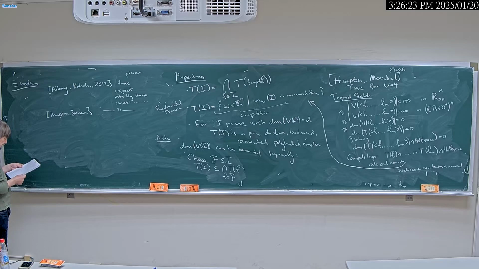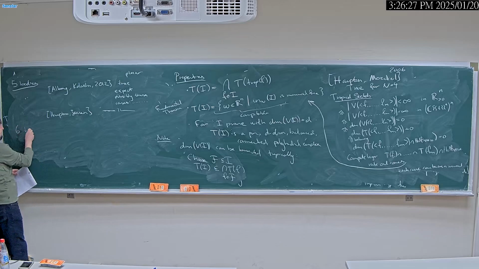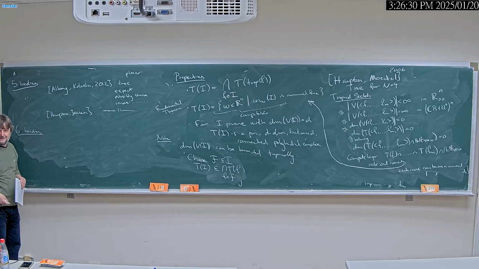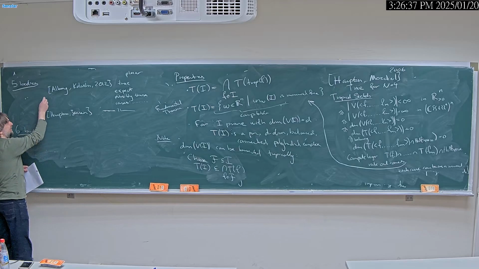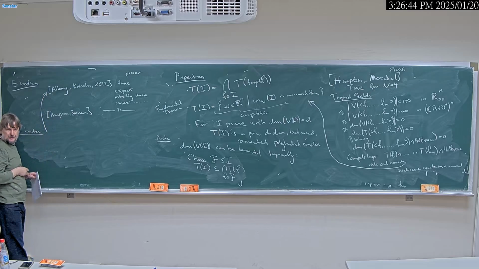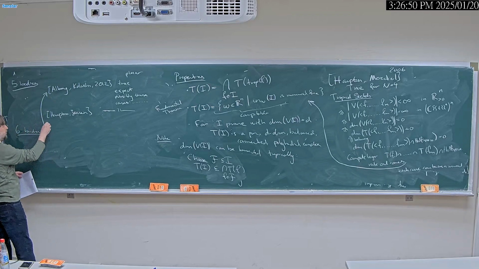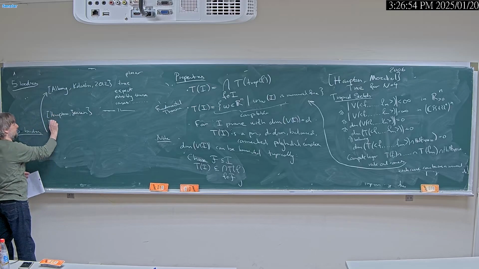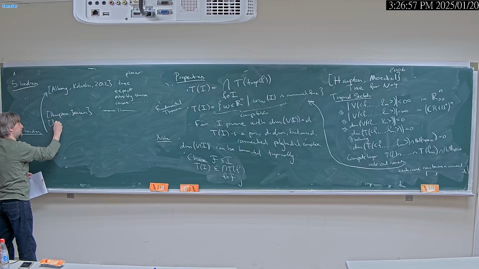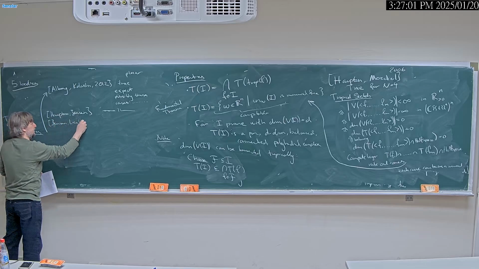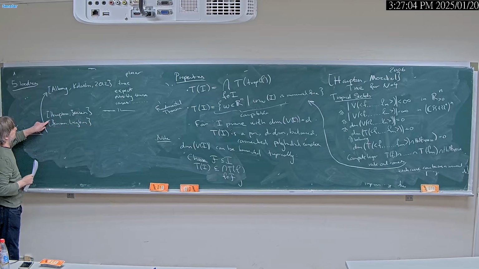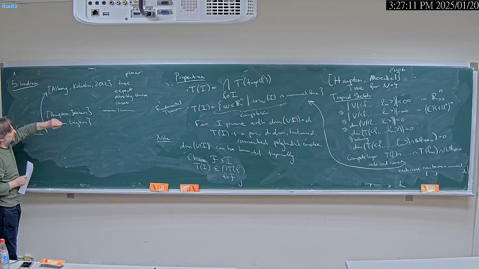Now, what can one do? One can then go and ask the question about six bodies. And two people in our audience are now trying to see if they can get this result for six bodies. At the same time, I'm trying to gather with, maybe I should put this before, and some Laken, we had a result that kind of does the same thing as the Hampton-Moeckel result using different tropical arguments.